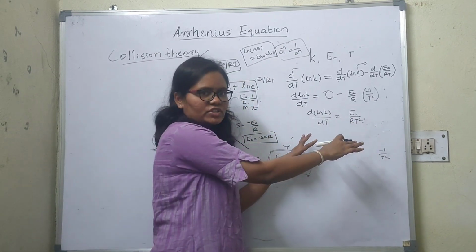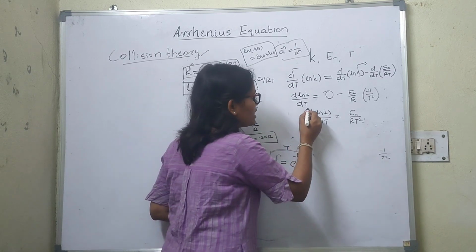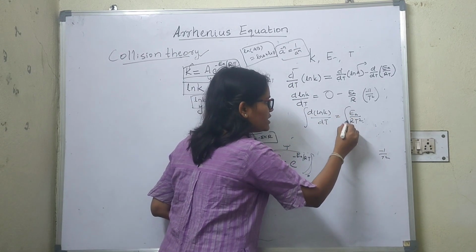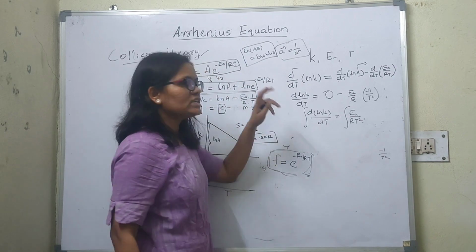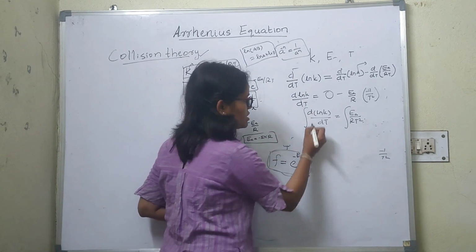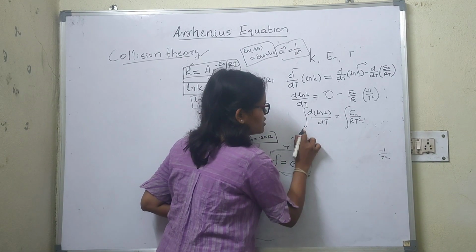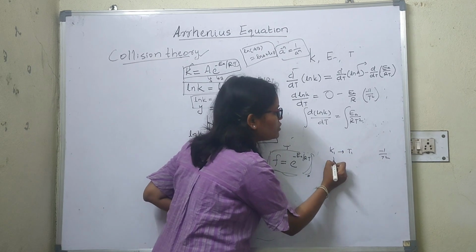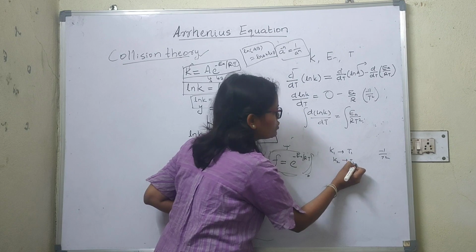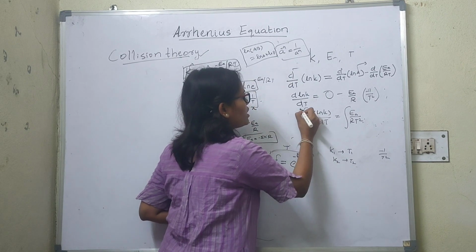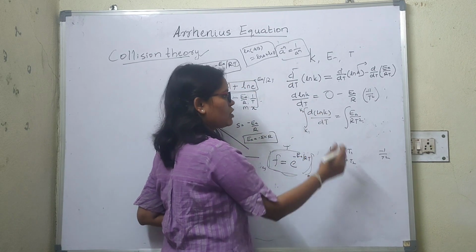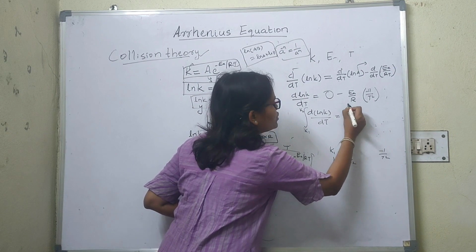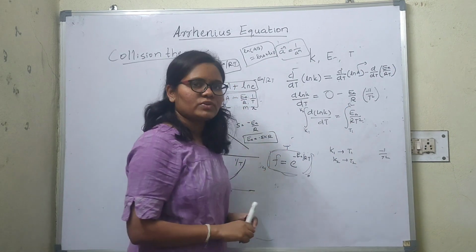So this is the differential form. We'll get the integral form by integrating this equation. So we'll consider two limits. Suppose K1 is the rate constant at temperature T1 and K2 is the rate constant at temperature T2. So the limits will be K1 and K2 for rate constant and T1 and T2 for temperature.